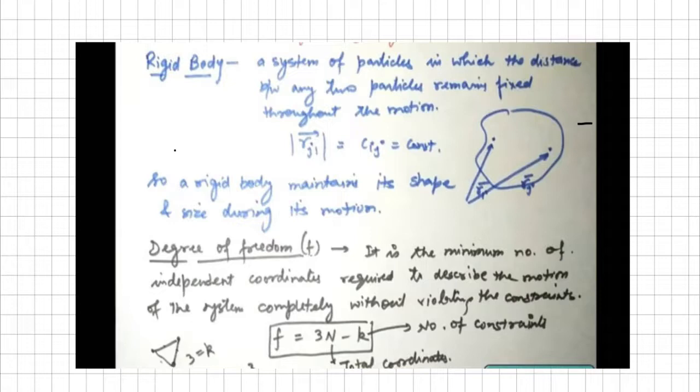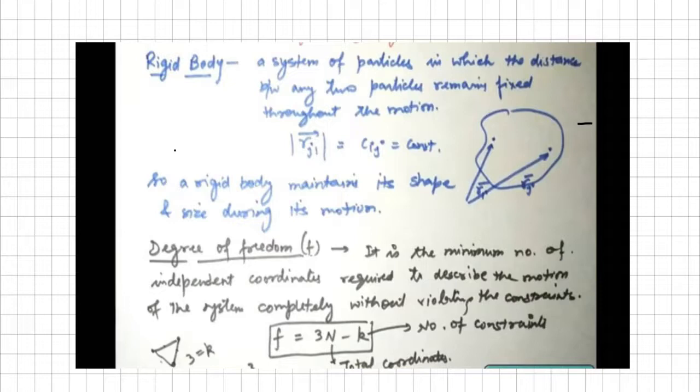Not all bodies maintain their shape, but there are bodies which do. Why do they maintain their shape? Because the distance between any two points in that body does not change during a motion. Hence, that body does not change its shape, and even its size, during a motion. So this is a rigid body.